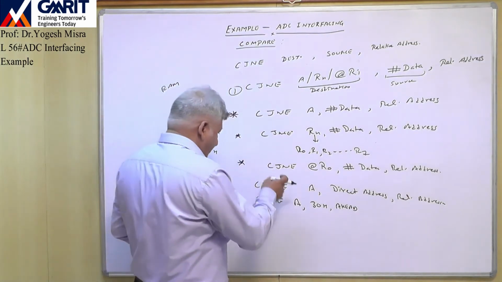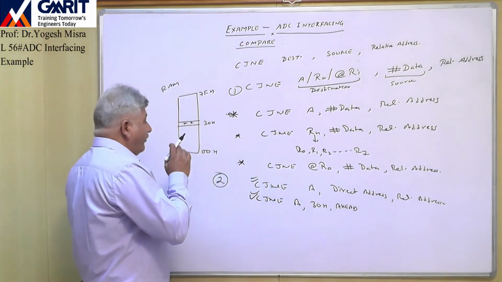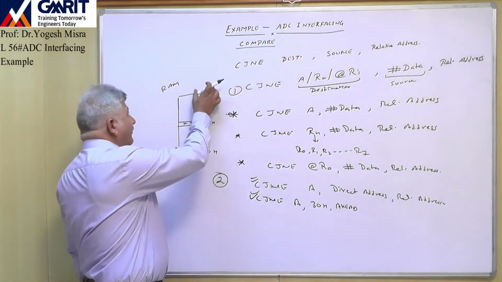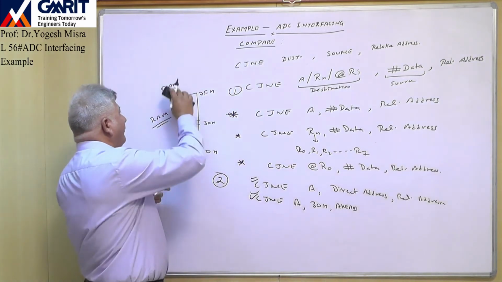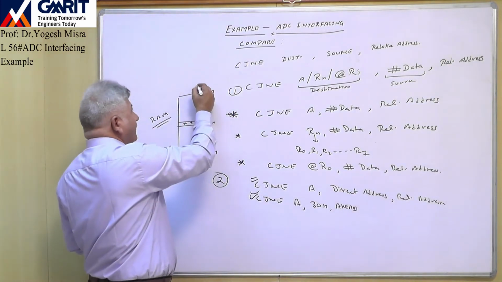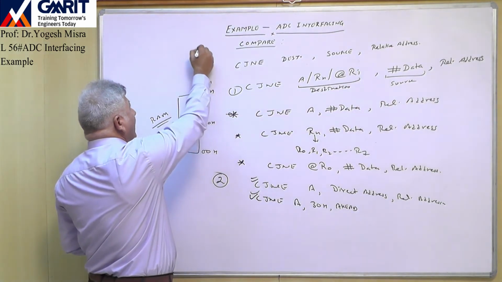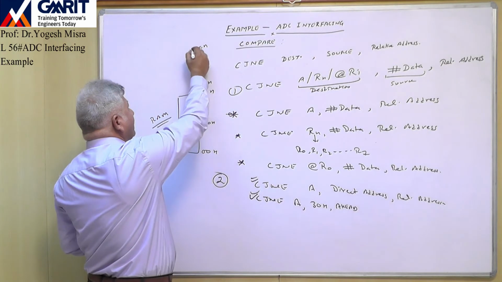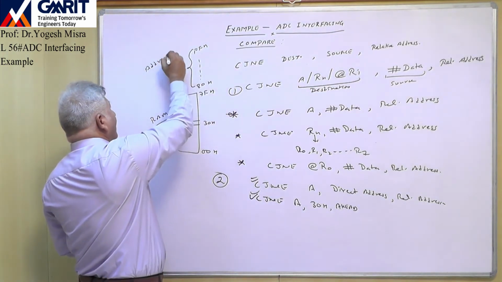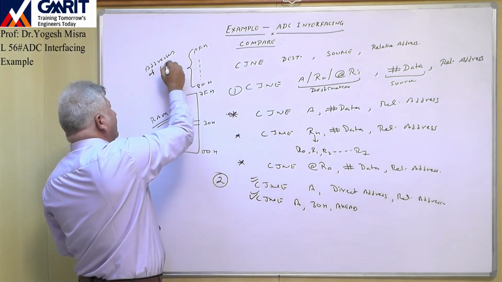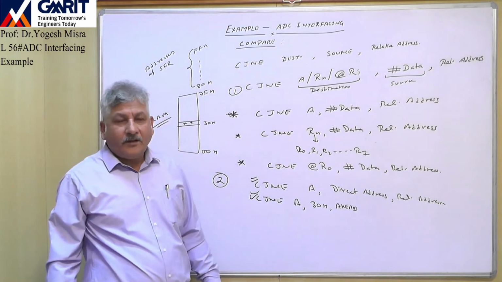Now in this particular instruction, we know that 00 to 7F is the address of internal RAM, and after this, 80H to FFH are the addresses of the special function registers.